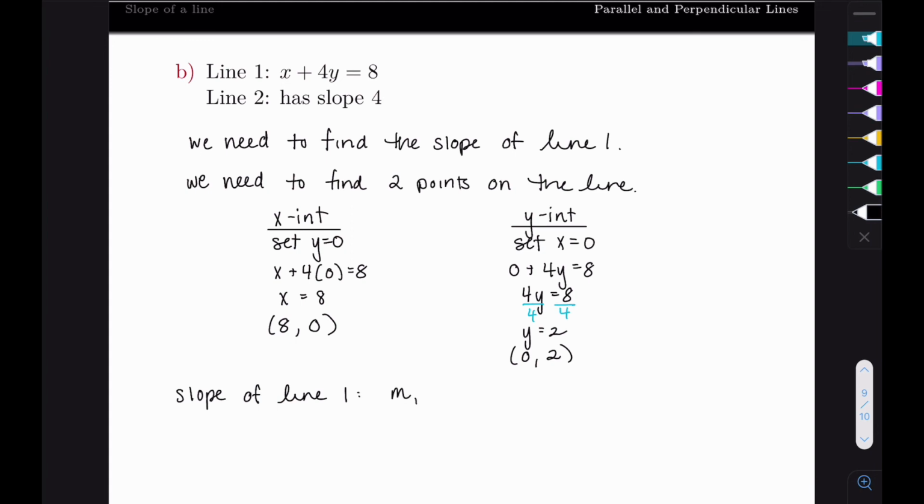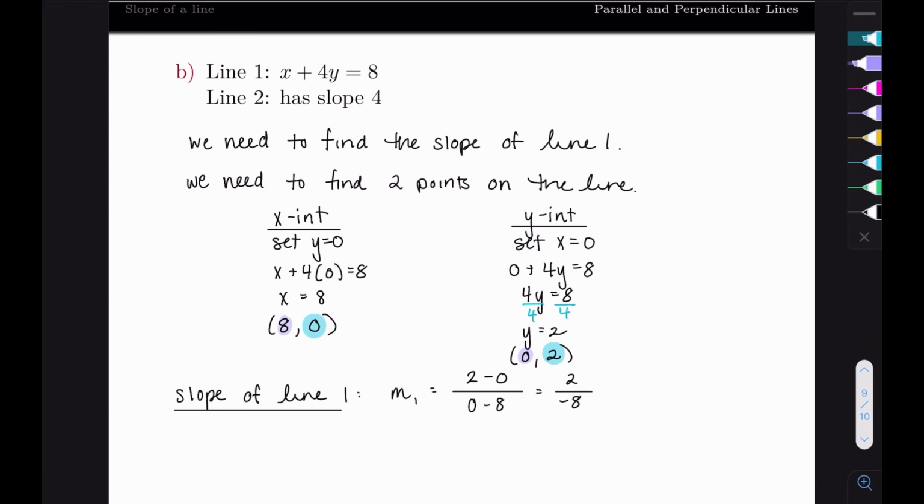Which again, we'll call M1. We go ahead and look at the difference in y values. So that's 2 minus 0, going through those. And then we do the difference in x values, which is 0 minus 8. So that leaves us with 2 in the numerator, negative 8 in the denominator.